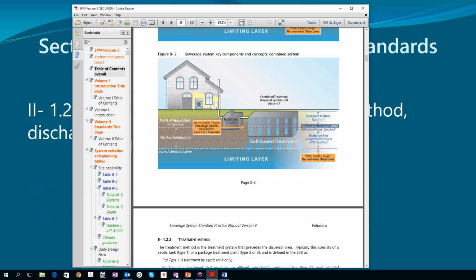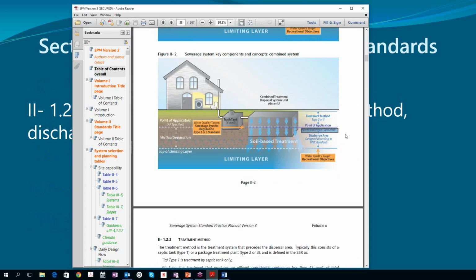But below the point of application, it's the authorized person that specifies the system. The size, the configuration, determining whether it has adequate vertical separation, and so on. Everything below that is our problem. So don't believe the salesman. Frankly, we see a lot of CTDS systems that are below water table.